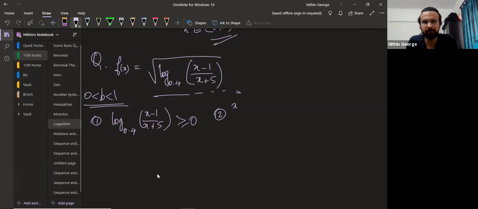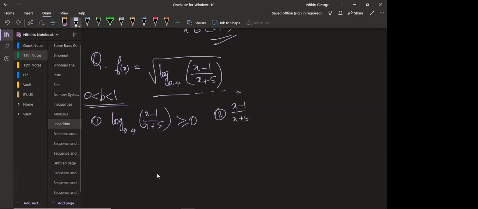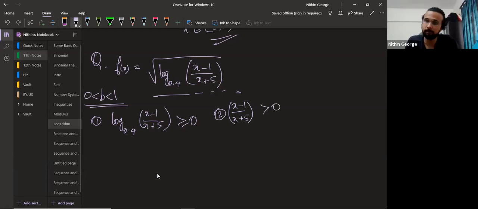So x minus 1 by x plus 5 should be greater than 0, because that is this part, it has to be positive. When it's minus 5, you'll have to remove it. So x not equal to minus 5. We'll take this as the third condition. We have 3 conditions to solve. Can you guys start solving?